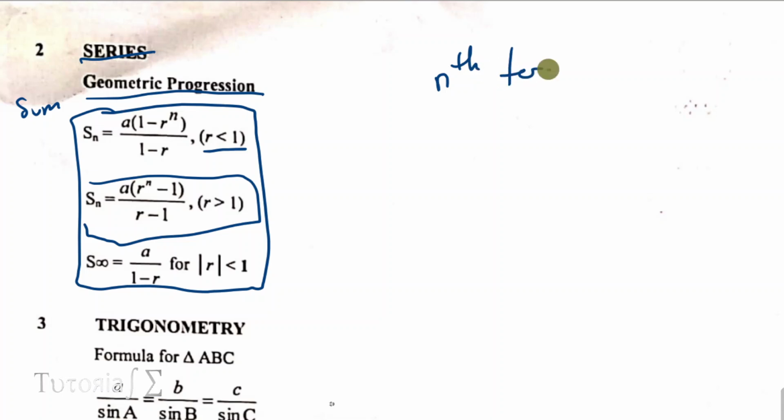The formula for the nth term is given by Tn, meaning the nth term, is equal to a times r raised to the power n minus 1, where a is equal to the first term.